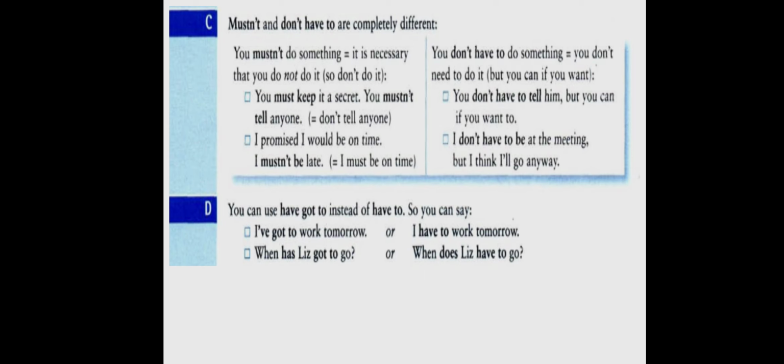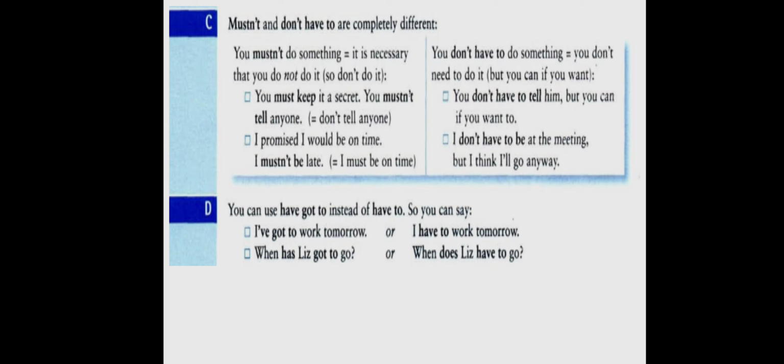Means there is absence of obligation. There is no obligation. So we say, for example, you don't have to tell him, but you can if you want. So it is up to you whether to tell him or not. You are not forced to tell him.